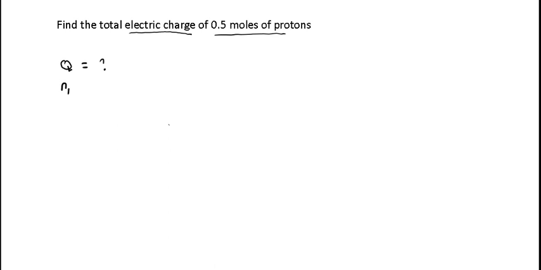Then you try to think of the formula that relates the quantity of electric charge and the number of moles of proton. So the formula is Q, which is the quantity of electric charge, is equal to number of moles of proton multiplied by Faraday's constant. So we go ahead to resolve. The number of moles of proton here is 0.5.